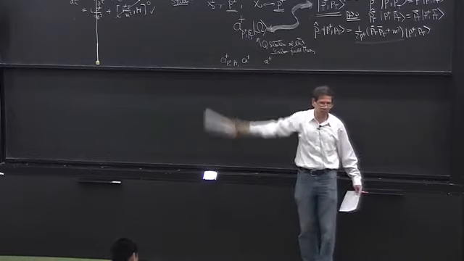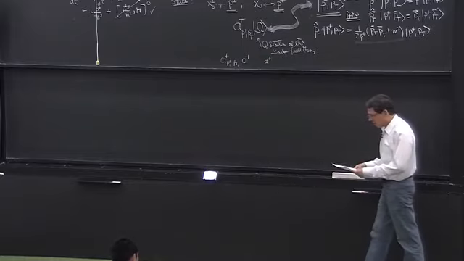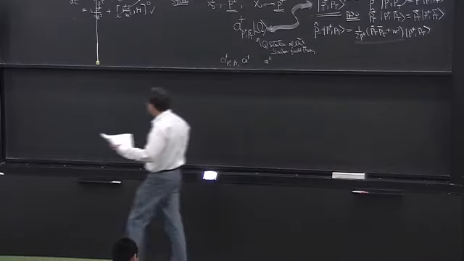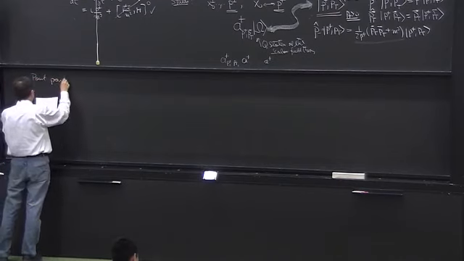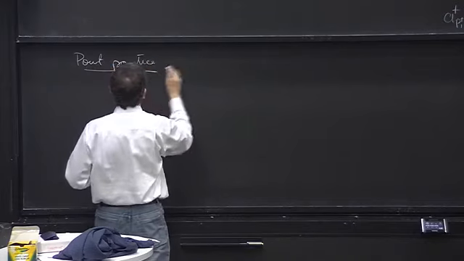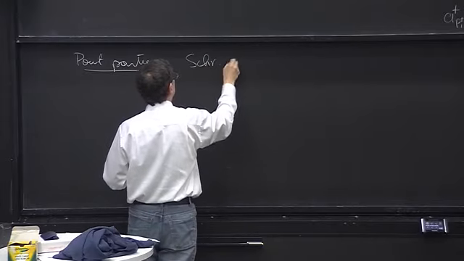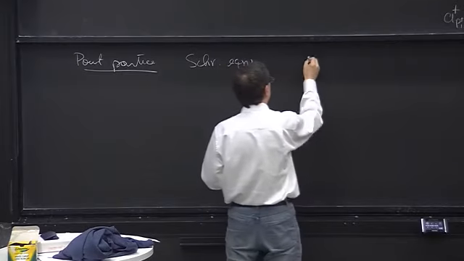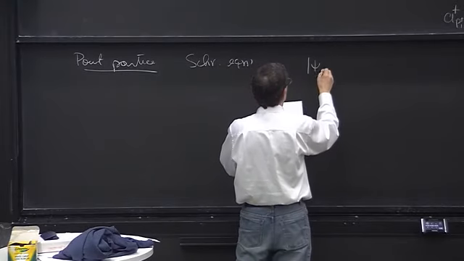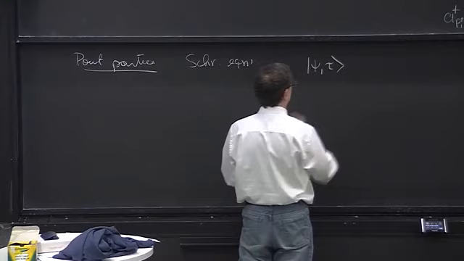And let's make that even more clear. So suppose you're in the point particle. You can write a Schrödinger equation. So how would you do it? Well, you're in the point particle, so you define now a general state.